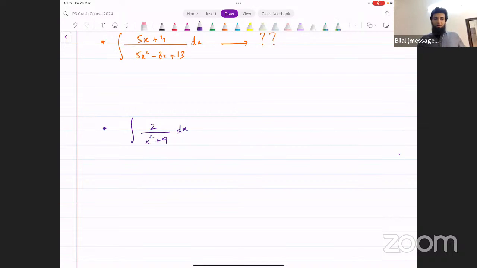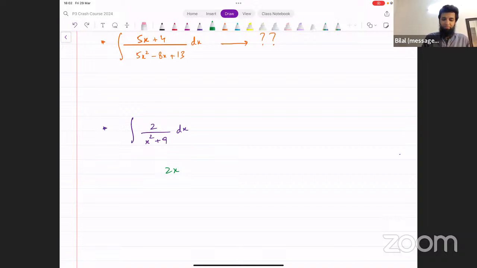Multiply by x. Multiply by x, right? So in the denominator, we have x squared plus 9. What's the derivative of x squared plus 9? It is 2x. So in the numerator, we want 2x. So we might think that we multiply by x and divide by x, right?